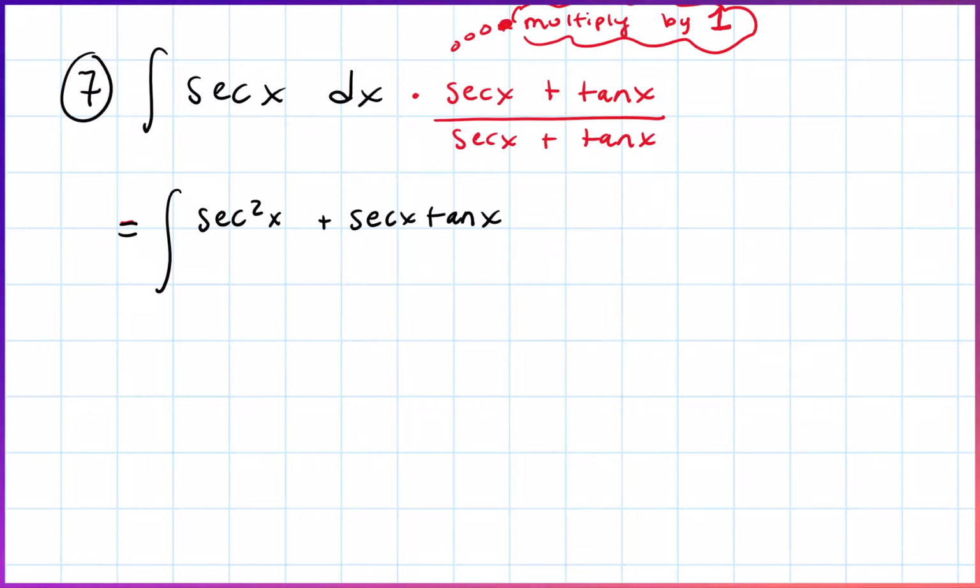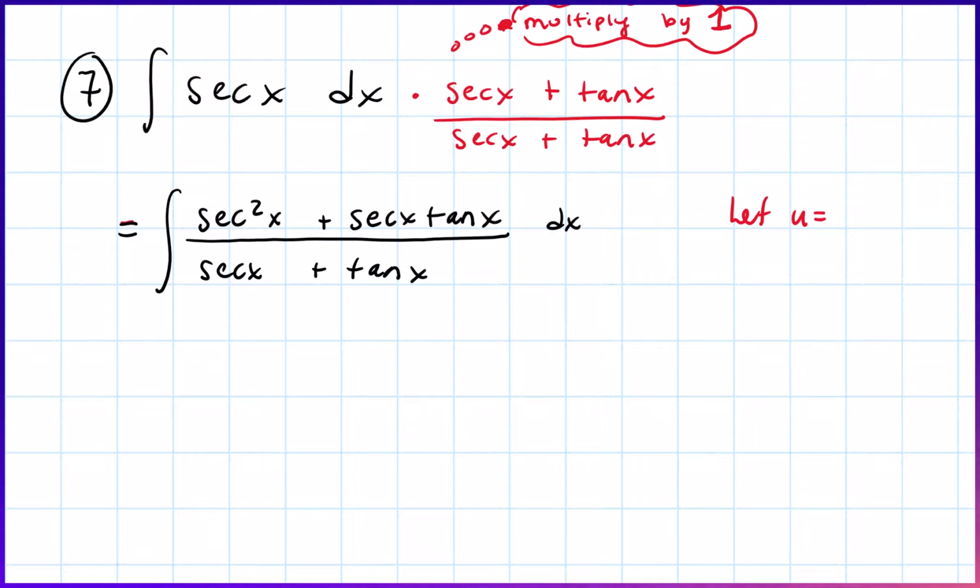Now I'm looking at that, and that is a derivative. Each of those terms is a derivative of a function. The derivative of the tangent is secant squared, and the derivative of the secant is secant times the tangent. Well, look at what the bottom is, secant of x plus the tangent of x. And that has been strategically set up now for a pretty sweet little u sub.